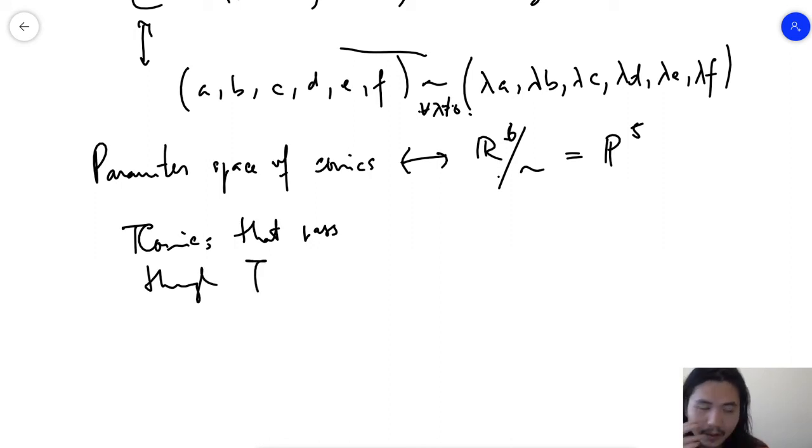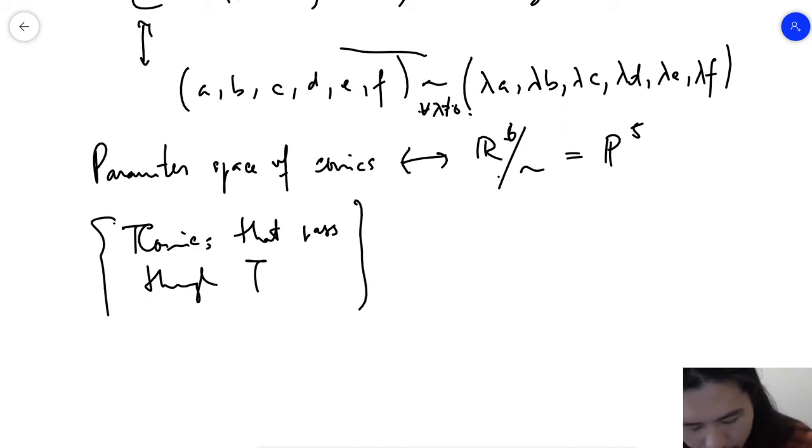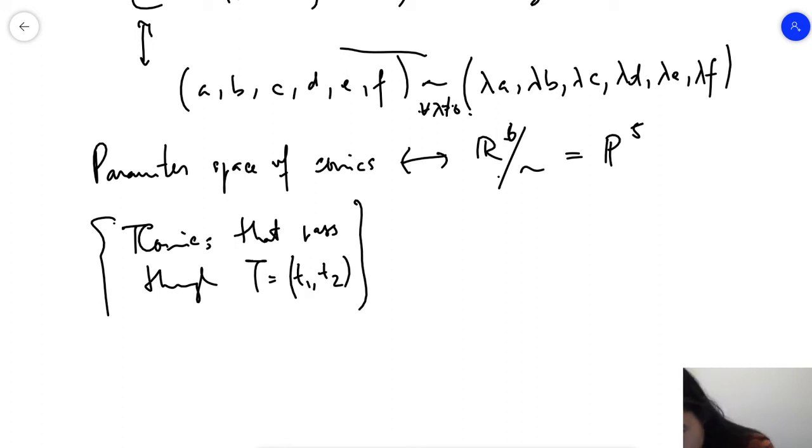Okay. So a conic that passes through T, say T1, T2, must satisfy: if a conic passes through this, that means the equation for C is satisfied by this pair.